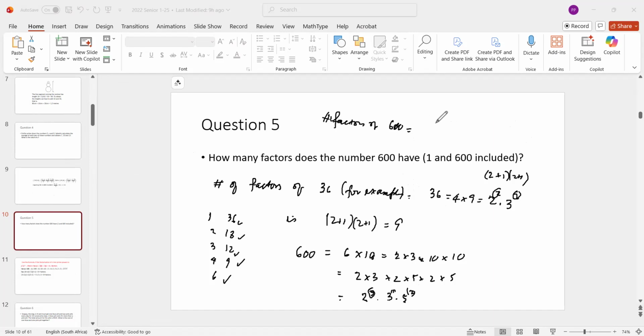The second exponent is 1, and you have to multiply this, 1 plus 1, and the third exponent is 2. 2 plus 1 is 3. Multiply them, and that gives you the number of factors. So if you write down all the factors, you'll see there are 24 of them, quite a few factors. And this is the answer.